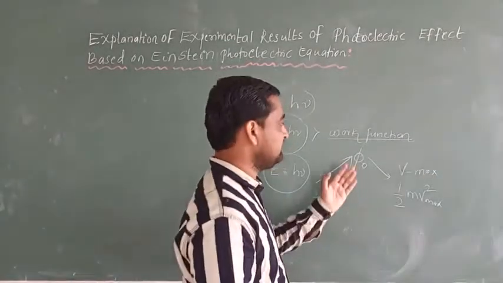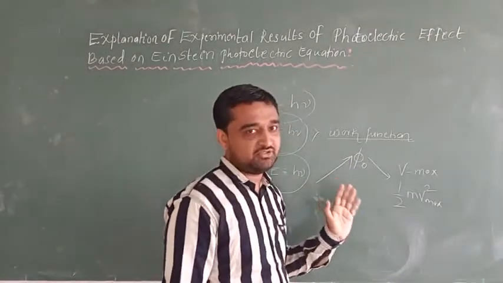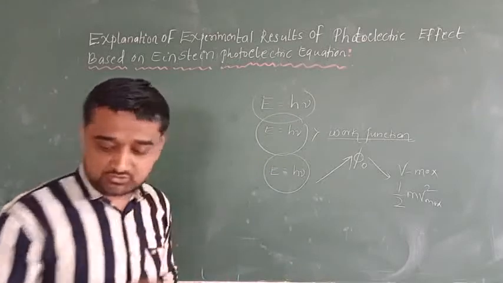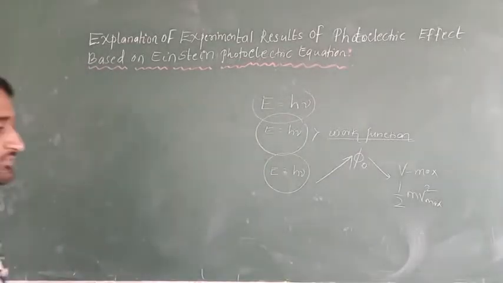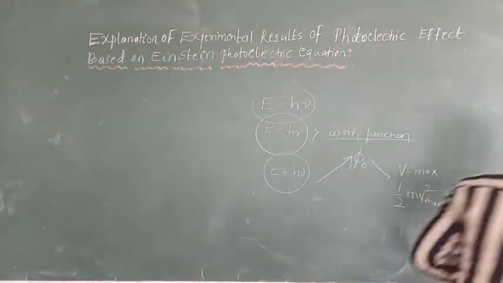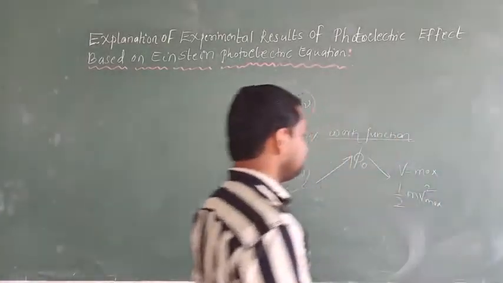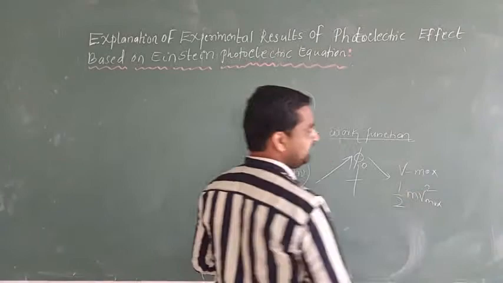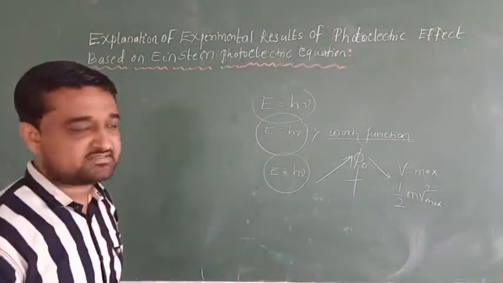So according to Einstein, the total energy of the incident photon is used for two purposes: one is for the work function and the other is the kinetic energy of the ejected electron.